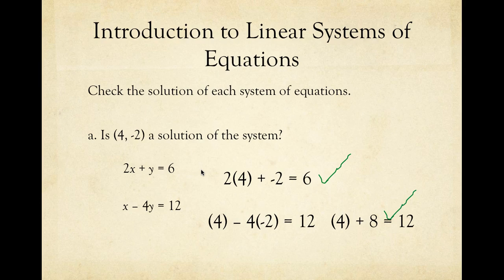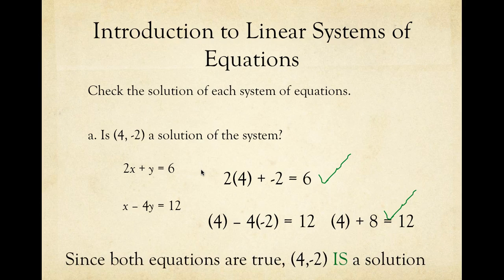Check. Since the ordered pair works and gives you a correct answer for both equations, then the point (4, -2) is a solution to the linear system of equations.